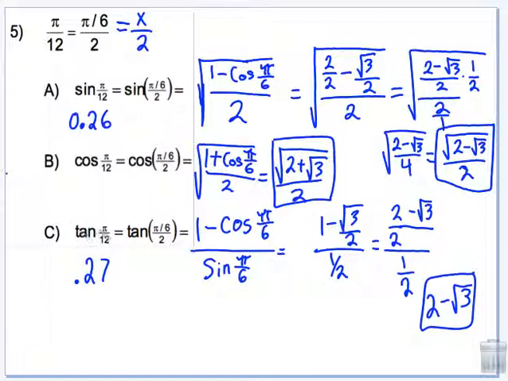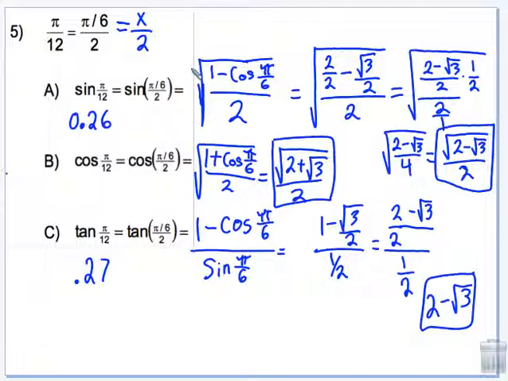Right here, the tangent pi over 12, if you plug that into your calculator, you'd get 0.27. And if you type this all into the calculator and push enter, you'll still get 0.27. You'll get the same answers. So these two answers match, and these two answers match.